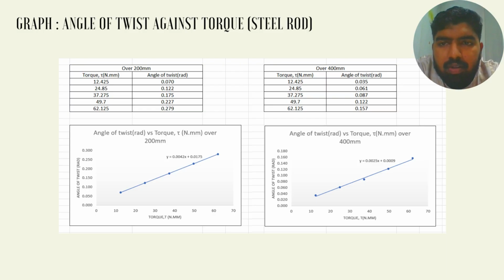And the final graph part is angle of twist against torque for the steel rod. The data that we'll be using is from table 3, correlated with the steel rod's data. For the length of steel rod over 200 millimeter, we've got the gradient 0.0042, and over 400 millimeter, we've got 0.0025.